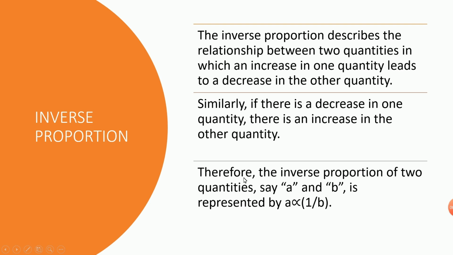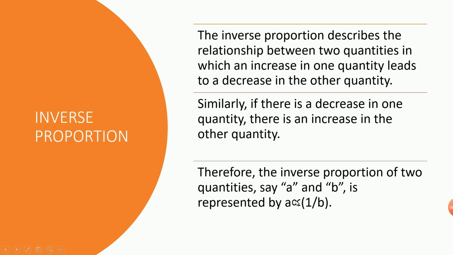So if two quantities A and B are represented, then A is inversely proportional to 1 by B. See, the same symbol is used here, but here we have 1 by B, so because of that we term it inversely proportional.